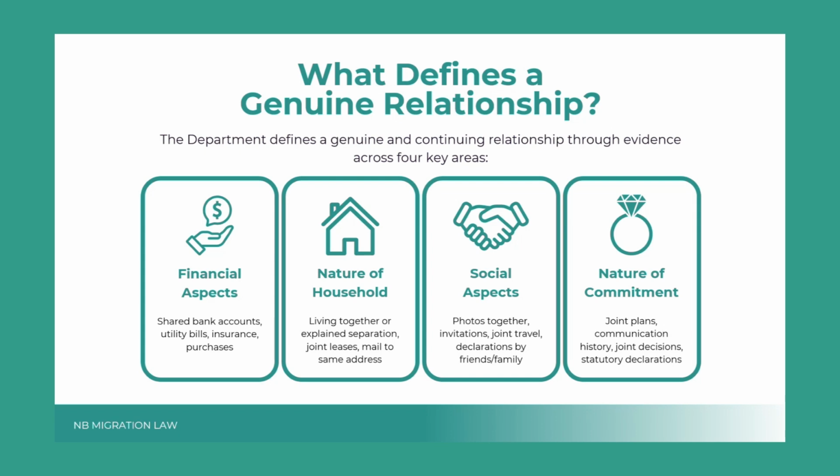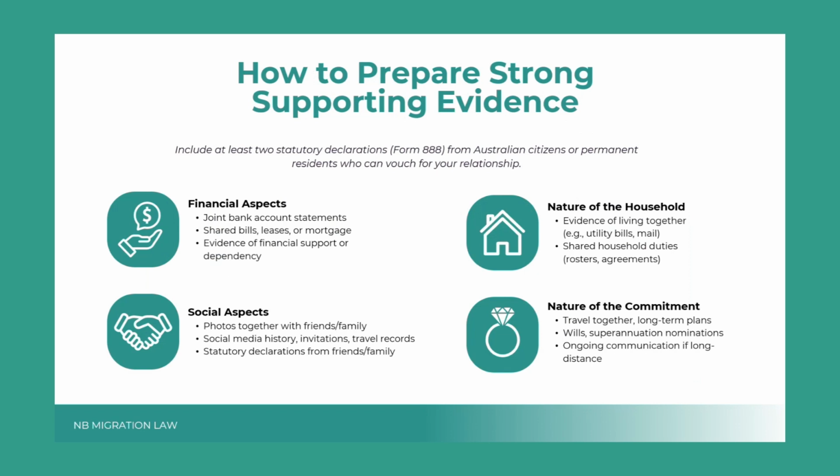So it is a pretty basic statement, but it covers four aspects of the relationship. So first thing would be the financial aspect. The second one is the nature of household. The third one is the social aspects and nature of commitment. So I'm going to explain this further on the next slide.